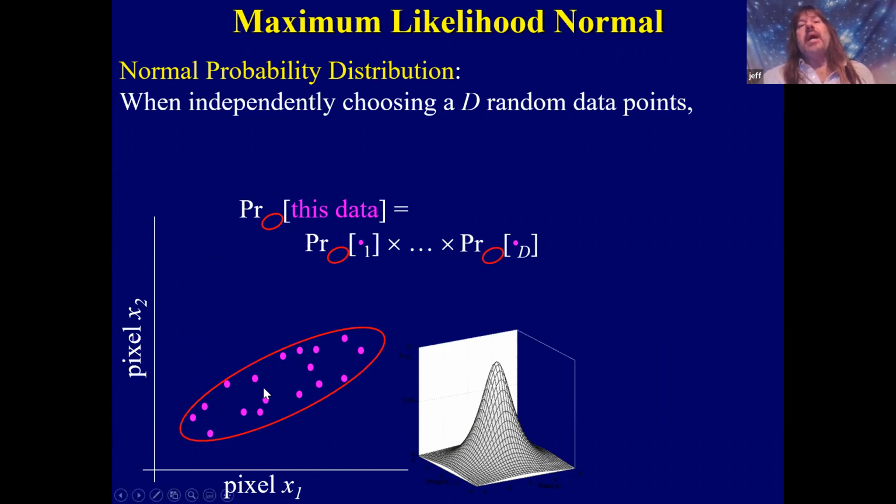And because they're independent, it's the probability that we got our first point, times the probability we get our second point, times the probability we get our third point, right? So we can calculate the probability of getting this data. Does that make sense?